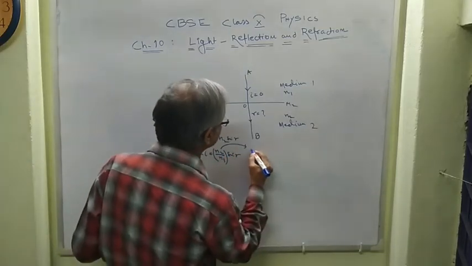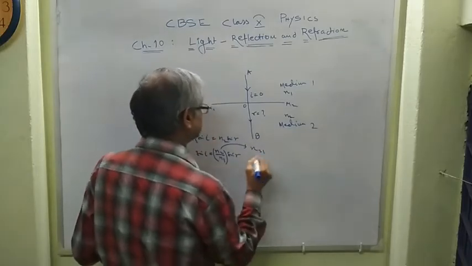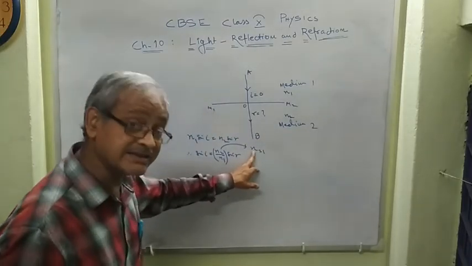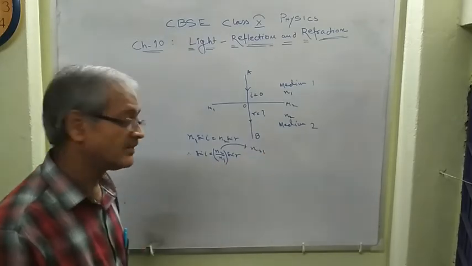And this is also N21, that is the relative refractive index of medium 2 with respect to medium 1.